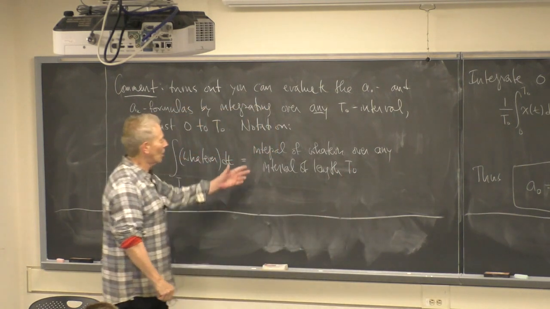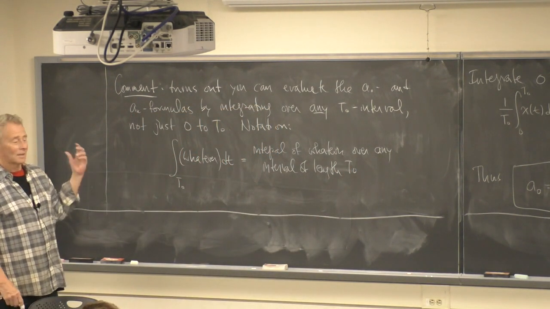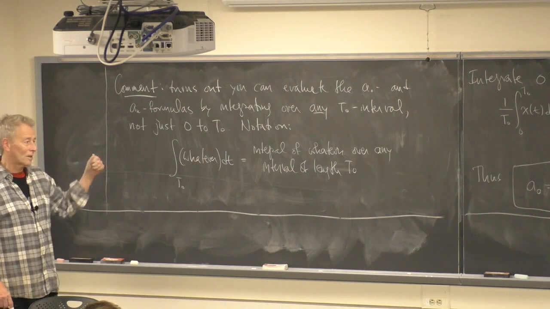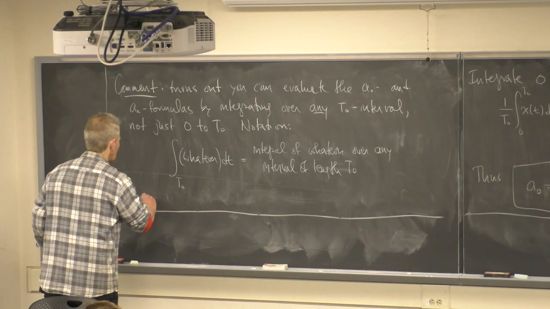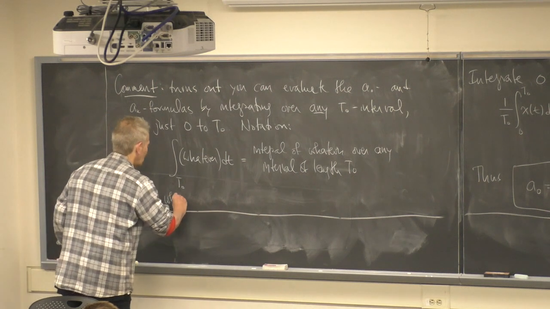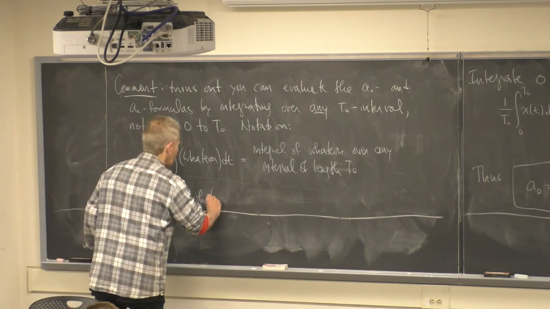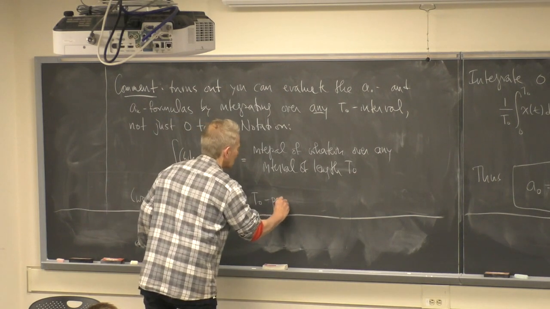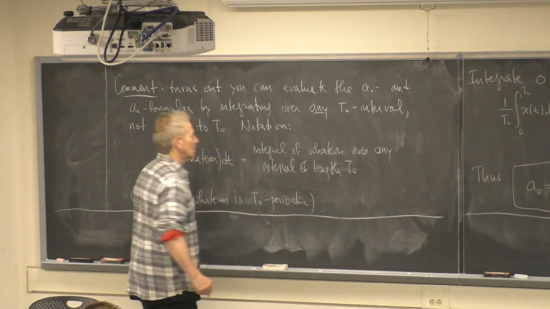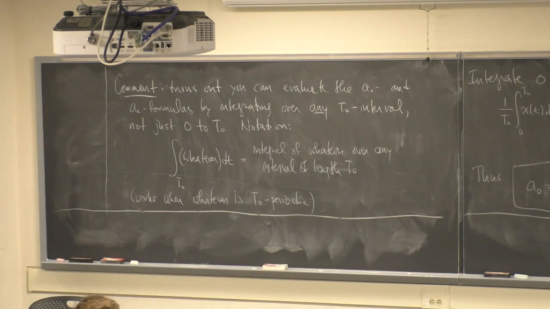And this is a well-defined thing precisely when whatever is periodic and t0 is a period of x of t. So this works when whatever is t0 periodic. Okay, so we could re-express those formulas for a0 and ak in that form using that notation as well. All right, so very cool.